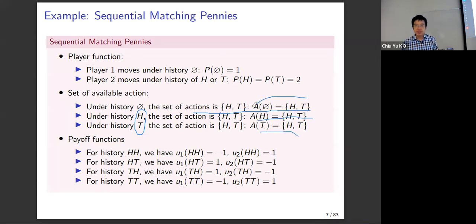So everything is the same in this case. And you can define the payoffs: under HH and TT, player 1 loses, with payoffs -1, 1, and player 2 wins. And if they're different, player 1 wins. So that would be the game.